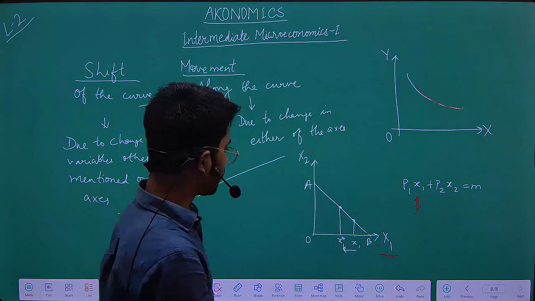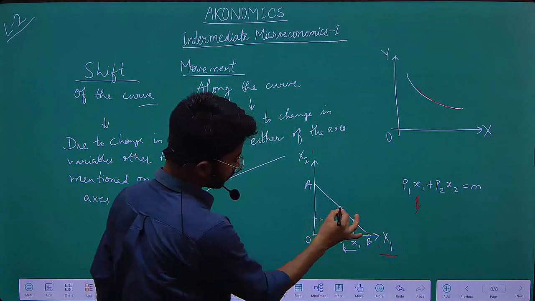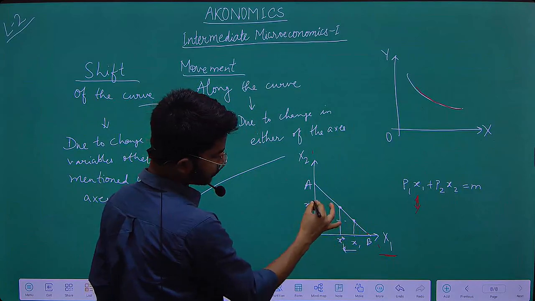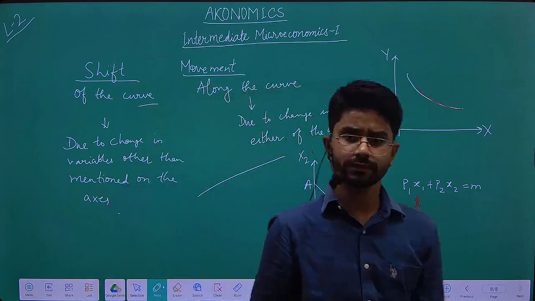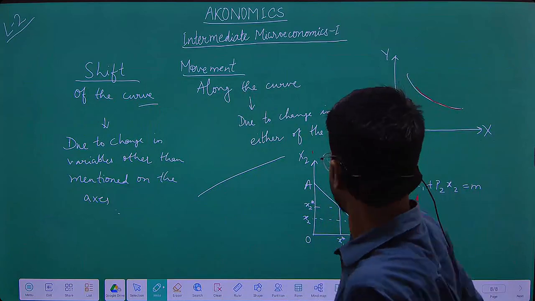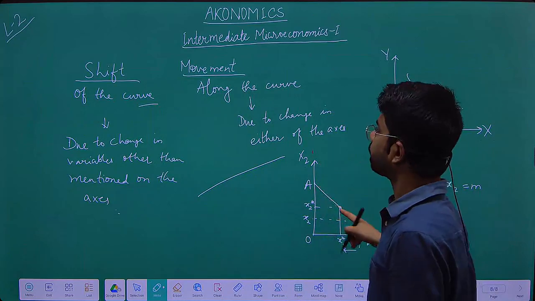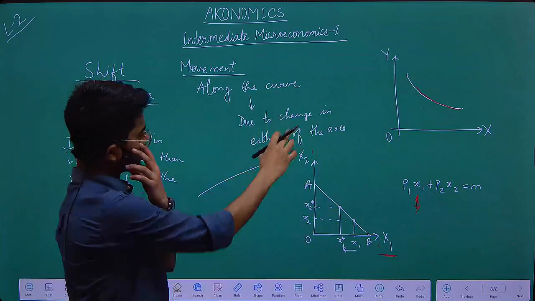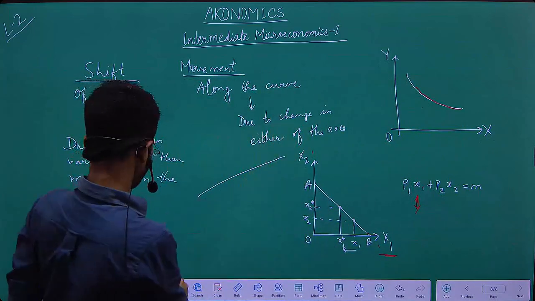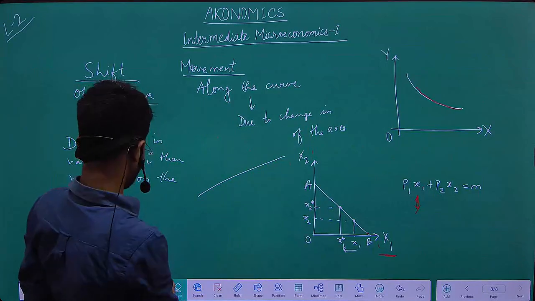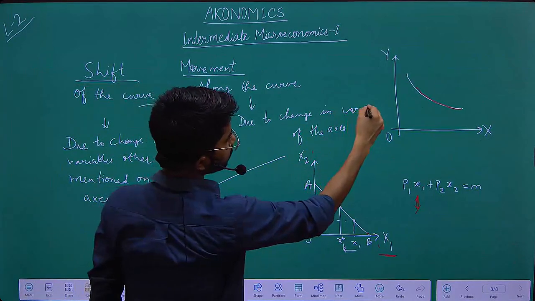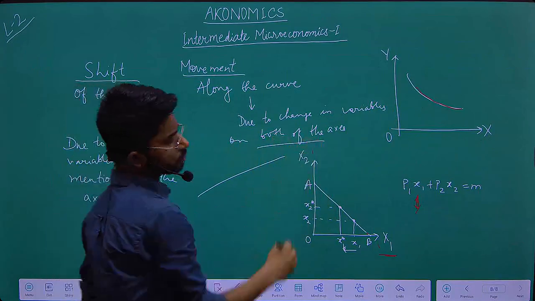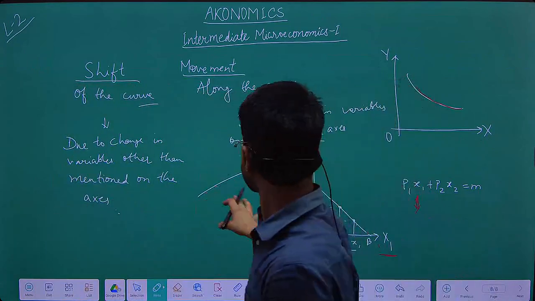Similarly, you have here x2 and here you have x2 star. If that occurs, this will be movement along the curve. So the better way to say it is due to change in variables on both of the axes. This would be the correct grammar for this case.